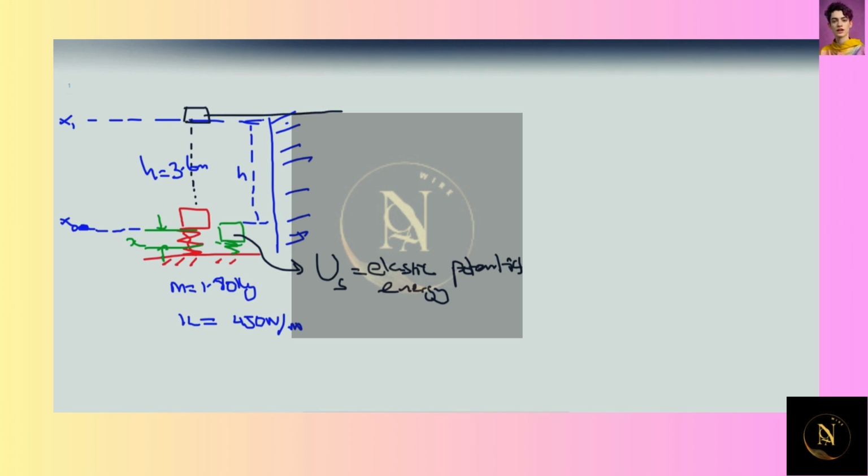At the maximum height, the brick has traveled h, and it has gravitational potential energy, which is mgh. Remember, elastic potential energy from the spring is 1/2 kx squared. Gravitational mgh happens to be the gravitational potential energy.